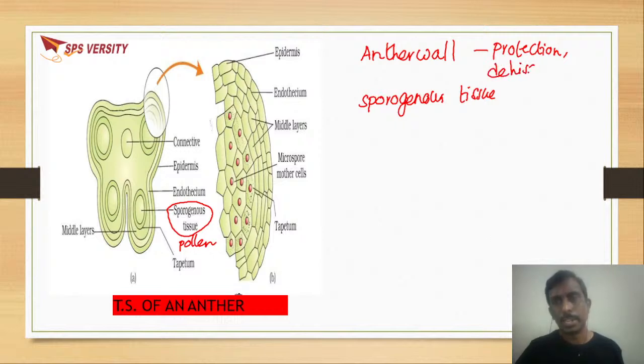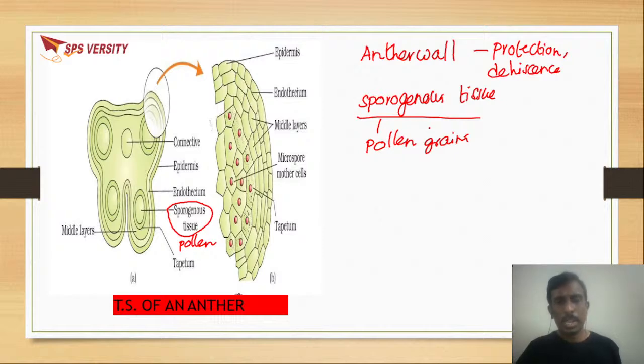Dehiscence means the breaking of anther to release pollen grains. The function of sporogenous tissue is to form pollen grains, which will have male gametes inside.